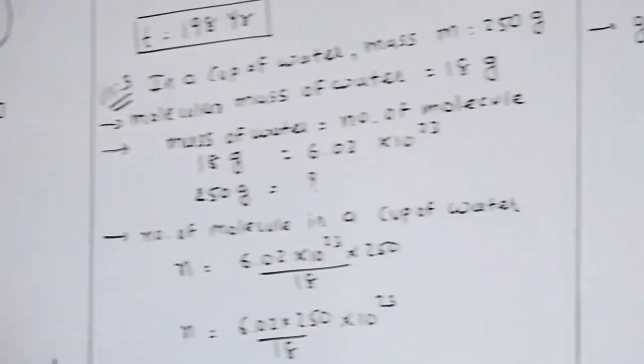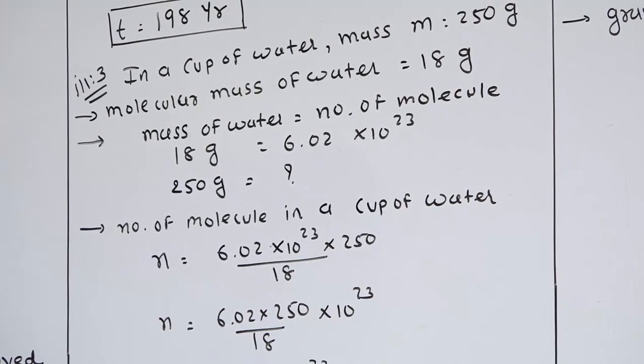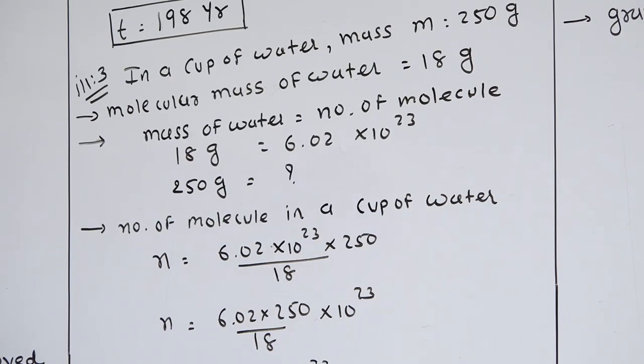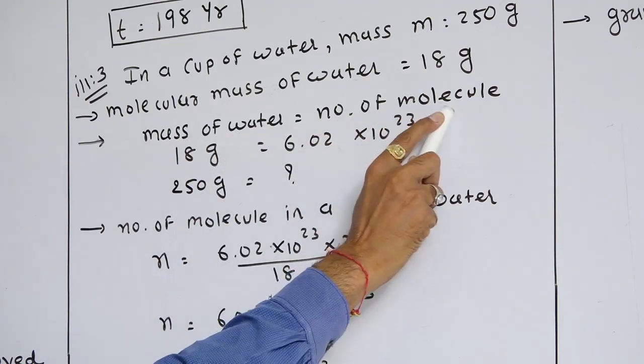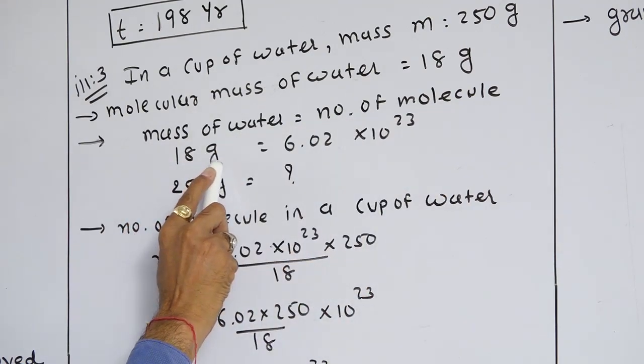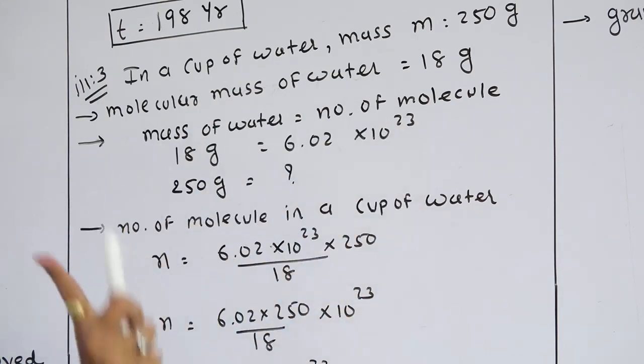Again, the mass of a cup of water is 250 gram. The molecular mass of water is 18 gram. Calculate the number of molecules in 250 gram of water. 18 gram of water contains 6.02 into 10 to 23 molecules, the Avogadro number.